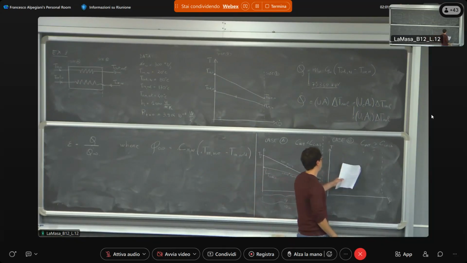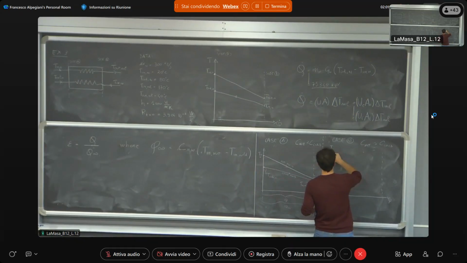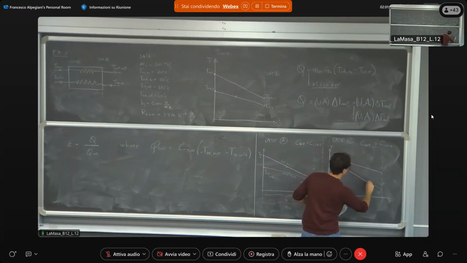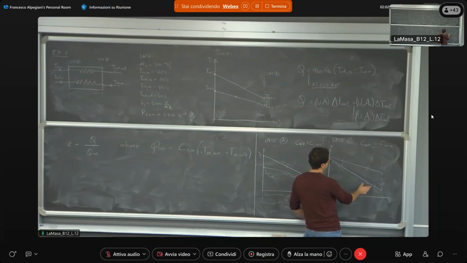In the other case, instead, is the opposite. So we have a hot fluid like this, a hot fluid that cools down less than the heat up of the cold fluid, okay?